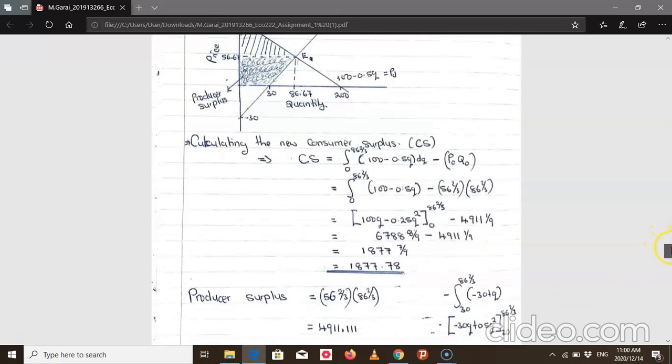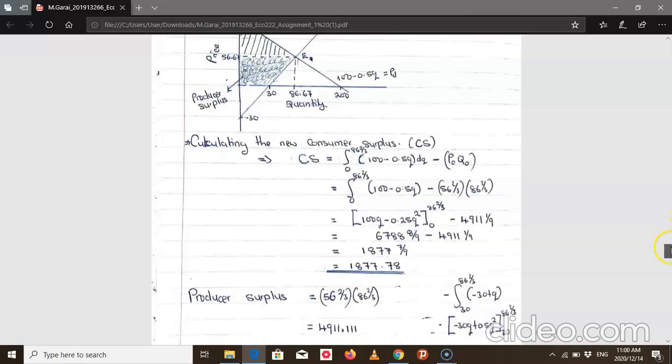So when you substitute 86.67, it will be 0.67, but I just put 2 over 3 for me to be accurate. And then we simplify and we get this answer.